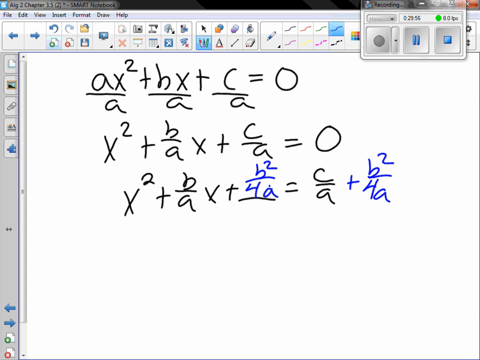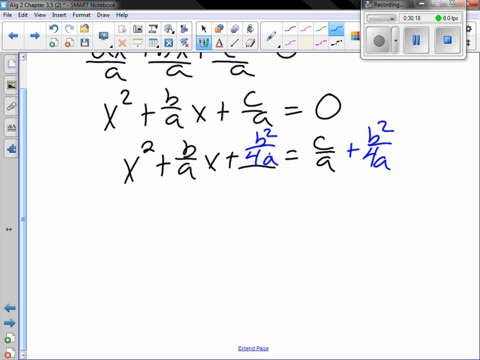Because if I find c for this here, so c is equal to, our middle term was b over a, so this would be b over a over 2 squared. That'd be b over 2a. Which ends up getting us this here.